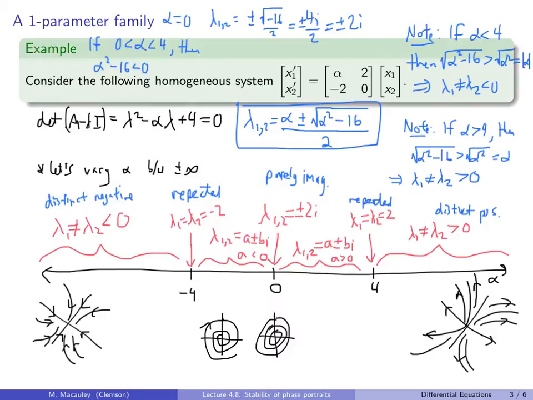These are inward spirals. Here we have ellipses. Then here we have outward spirals. So these are outward spirals.